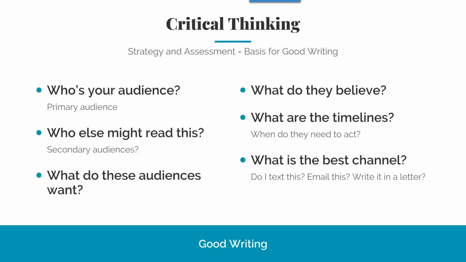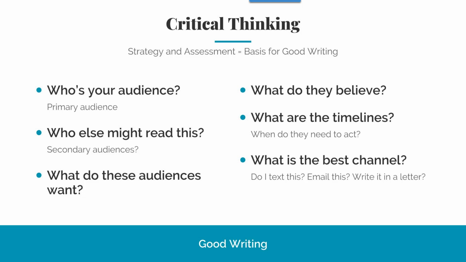So think about who might read this and what they'll think about you as an employee and about your response and your interaction. What do those audiences want? What do they believe about interactions, about business and communication, about plumbing and computers, about how quickly things should be fixed and whether you follow the standard protocols? So what are the timelines?